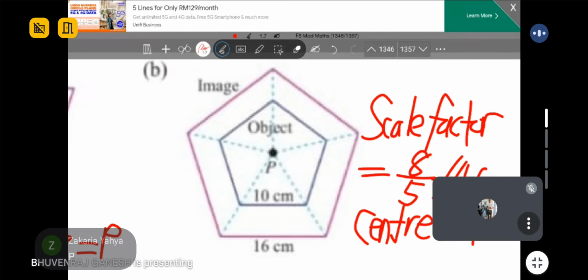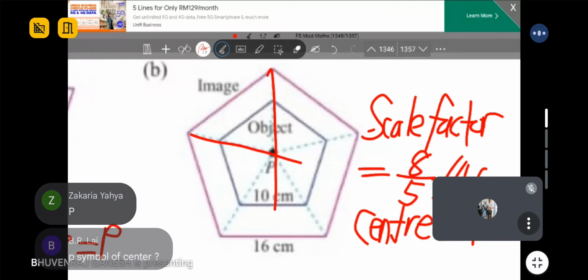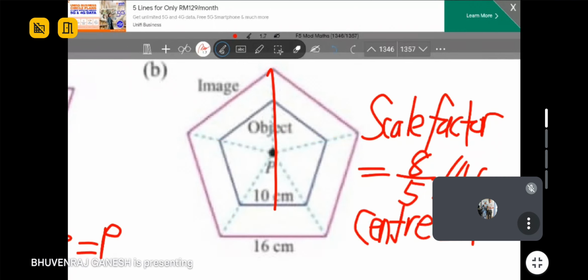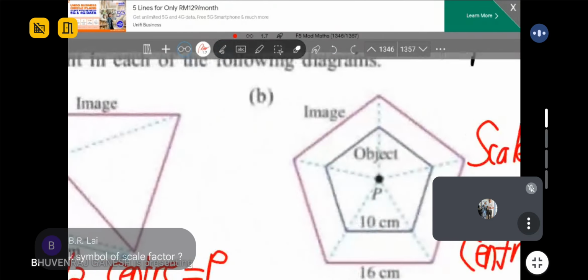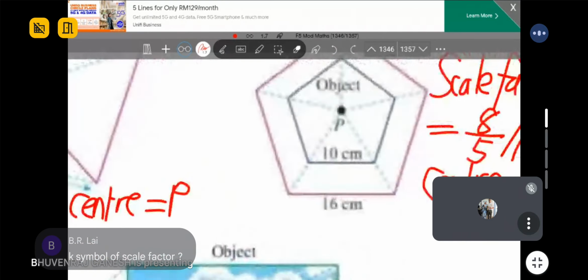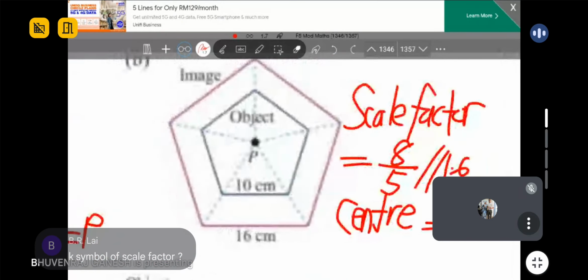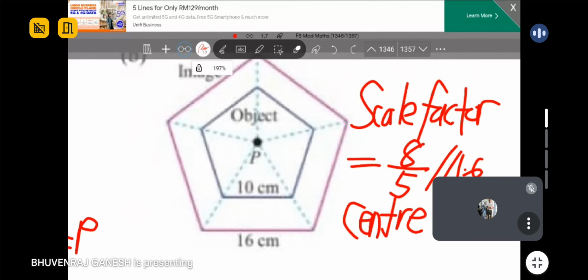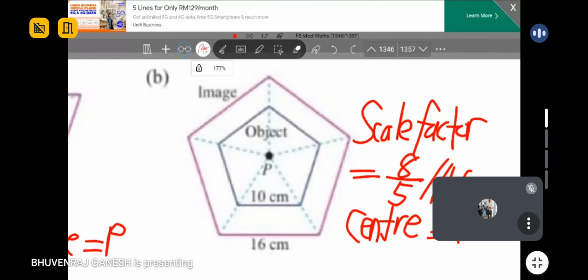Okay, because you see all the line, semua garis, dia silang kat titik yang serupa. Common point of intersection. Based on textbook, it looks like it. But to be on the safe side, right, don't simply put symbol for center of enlargement. Better you write the coordinate. Coordinate is better. If you write coordinate, enough already.